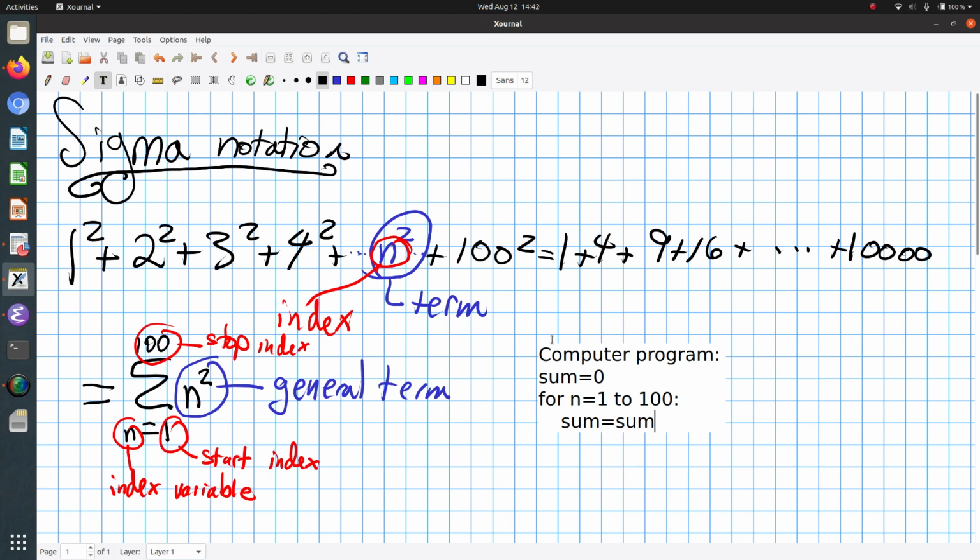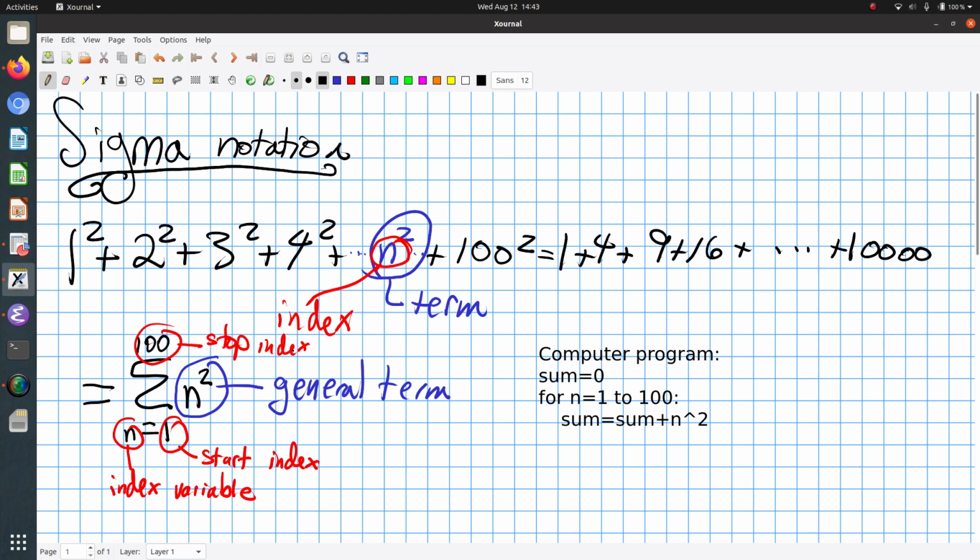Well, I'm going to take my sum and bump it up by n squared. Something like that might capture the same idea as that sigma notation. And in fact, if you have some sigma notation, it's perfectly fine to write it as a computer program and give it to your computer, provided there's only finitely many terms. If there's infinitely many terms or an unknown number of terms, your computer's going to have a problem with that.